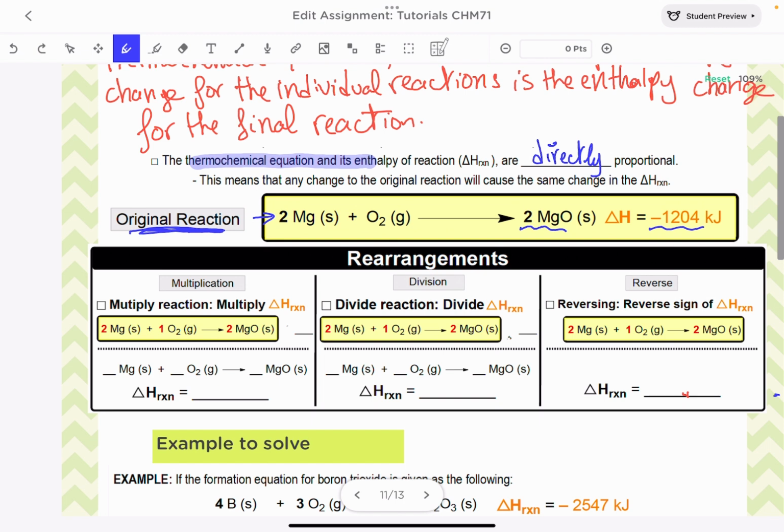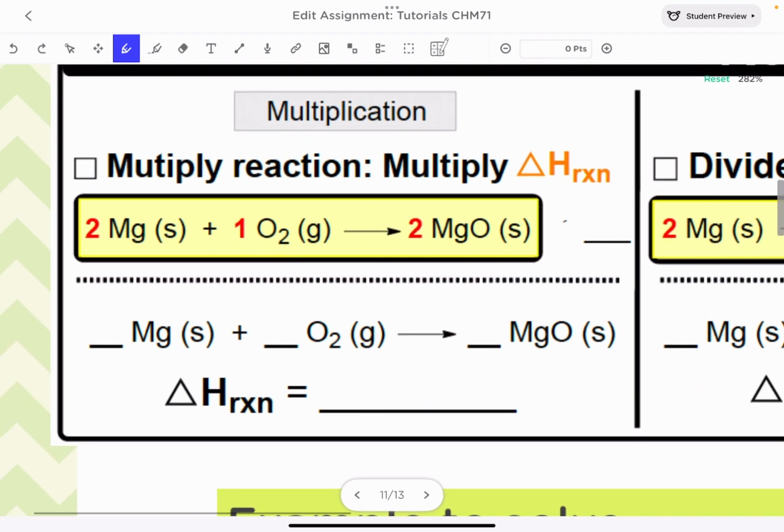Now, let's make some changes to this reaction. For example, if you multiplied this reaction by a certain coefficient, let's say 2, you're going to multiply all the reactants and products of this equation by 2. So here you will have 4 Mg, 2 O2 and 4 MgO.